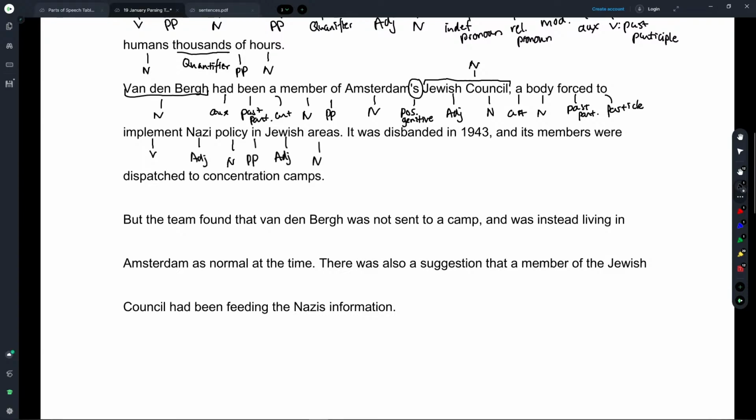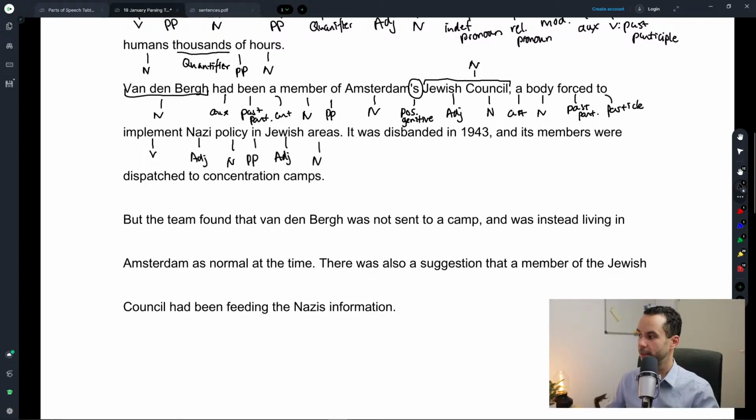There was a question about the apostrophe S in Amsterdam. Now, this is a case where we use the apostrophe S to indicate possession. And as you know, when we talk about possession, we use genitives. All right, so the genitive S. And the genitive S in a word like Amsterdam, we can kind of categorize as a separate part of speech.